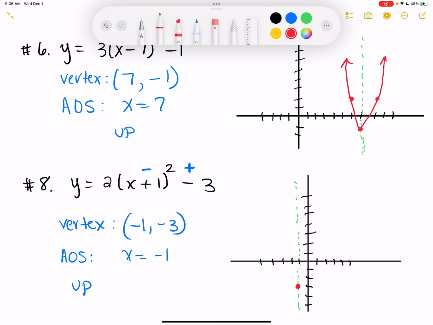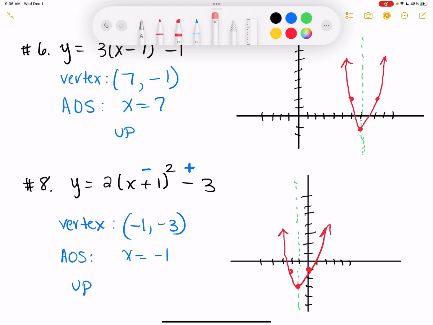So 0 plus 1 is 1, squared is 1, times 2 is 2, minus 3 is -1. So at 0, it's at -1, and then we just mirror that on the other side. I don't know why it took me that long to do 1 squared.